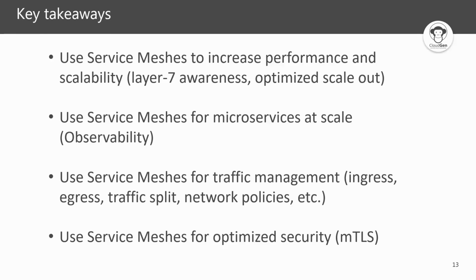And then, whenever you want to enhance security, you can count on service meshes for this, because you have mTLS out of the box. And so mutual authentication, we've seen an example where we go to deeper, fine-grained permissions.